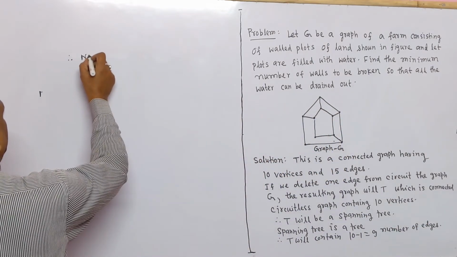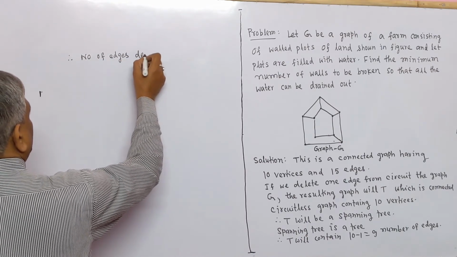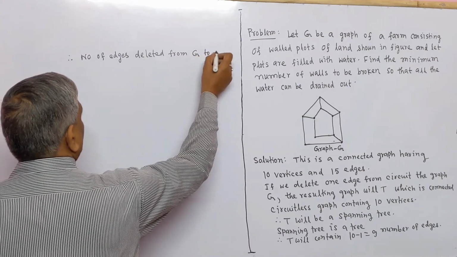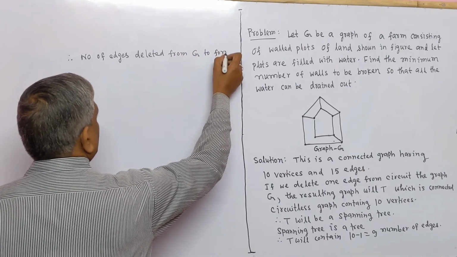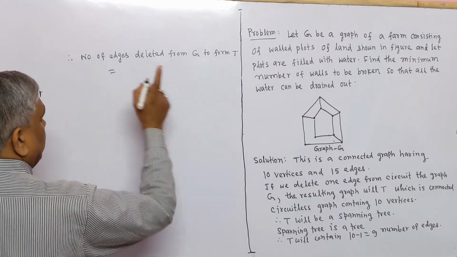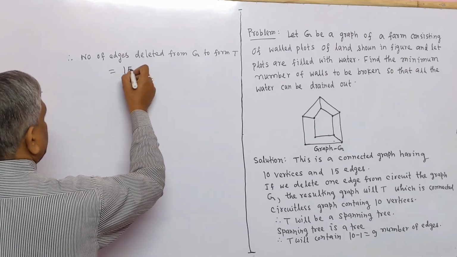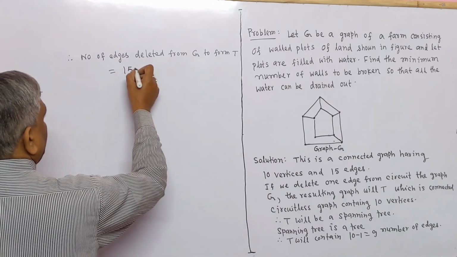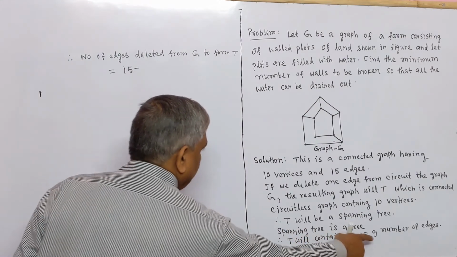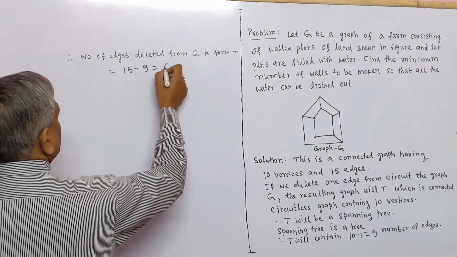Therefore, number of edges deleted from G to form spanning tree T equal to total number of edges in G, 15, minus remaining edges in spanning tree, 9, equal to 6.